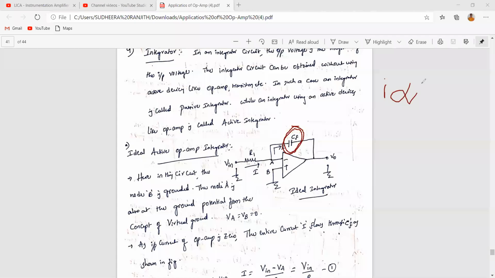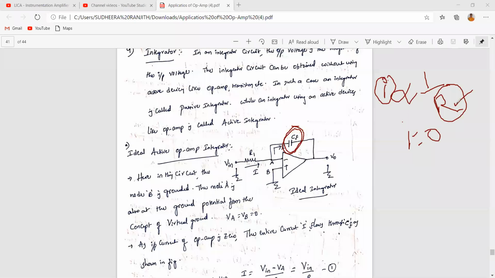Current is inversely proportional to resistance or reactance. So if this is infinite, what about current? It is 0. Current is 0.